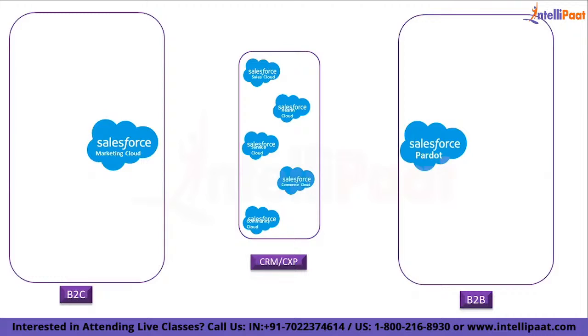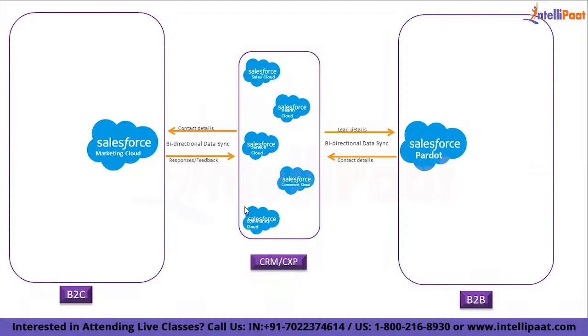On the right-hand side, you can see Pardot, which is exclusively used for business to business communication. In this ecosystem, we can have a bidirectional data sync where data can be moved to and fro. It can be between Pardot and these clouds, or from these CRM tools to Marketing Cloud.